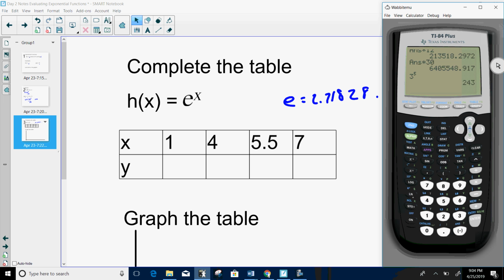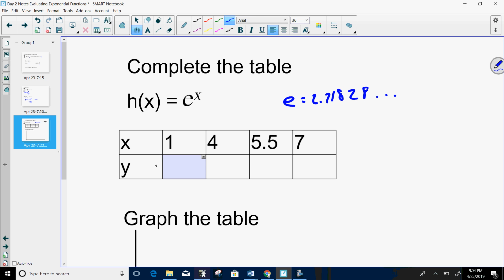Hit second, LN, which is called the natural log. Notice when you do that, it says e, and then it makes a little exponent. If you have an old gray calculator, it'll just put the caret symbol, and then you just type in what x is. x is 1. Hit enter, and it's 2.71828. So 2.71. We're just going to put 2.71 here.